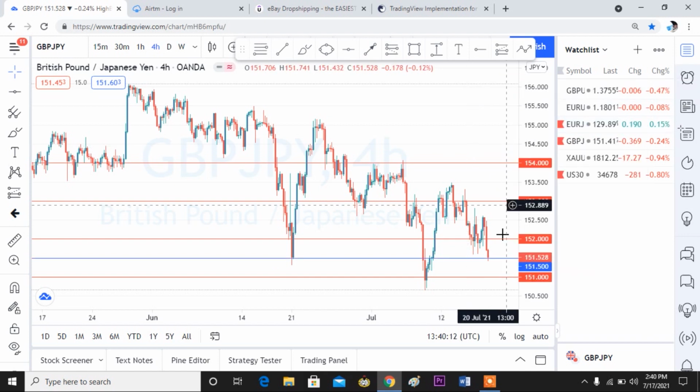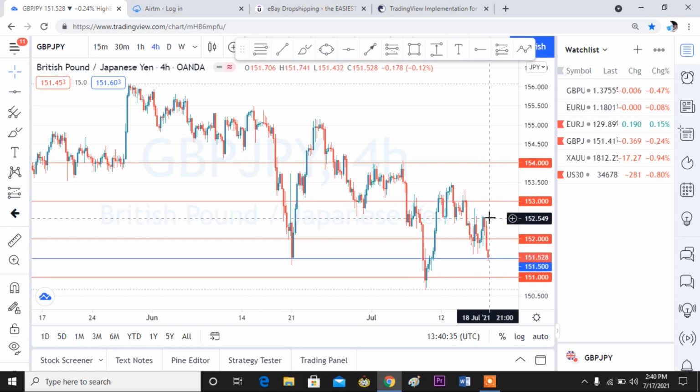Okay, so this here is a sub psychological level, and as we can see on GBPJPY, the current market, just before the market closed, did react to the sub psychological level.